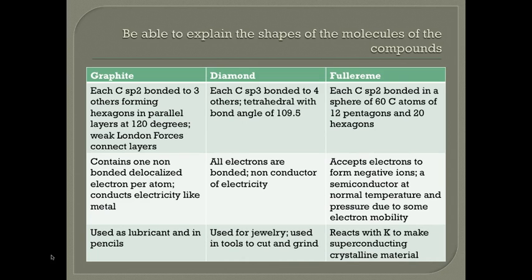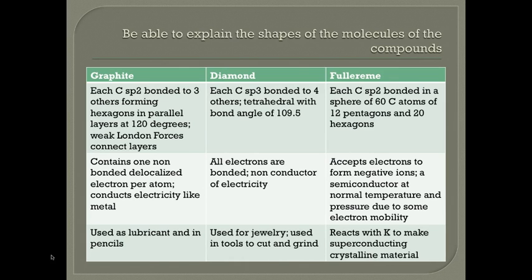Buckminster fullerene are sp2 bonded carbons, in fact 60 carbons in 12 pentagons and 20 hexagons. Now Buckminster fullerene accepts electrons to form negative ions, and at normal temperature it can be used as a semiconductor.